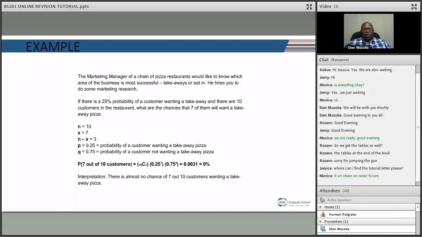Please do avoid that by setting your calculator to 4 decimal places. You do this by looking at your second function, set up, fix, and then select 4. Good. Let's interpret that.